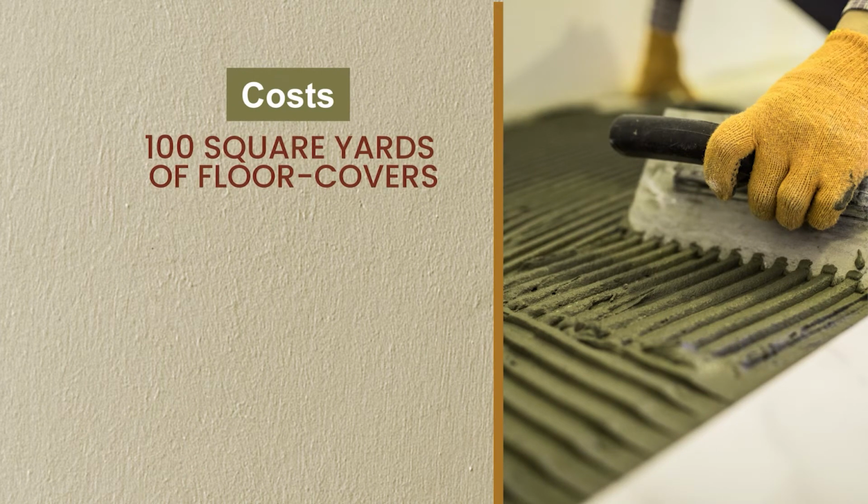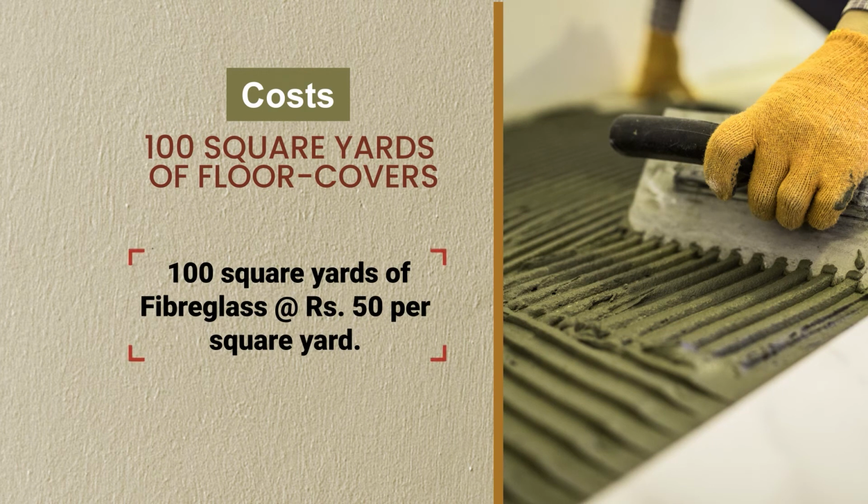That for manufacturing 100 square yards of floor cover, the company requires fiberglass, and that costs you about 50 rupees per square yard. Now 50 rupees per square yard fiberglass is a direct material cost that enters into every yard of production of the floor cover.